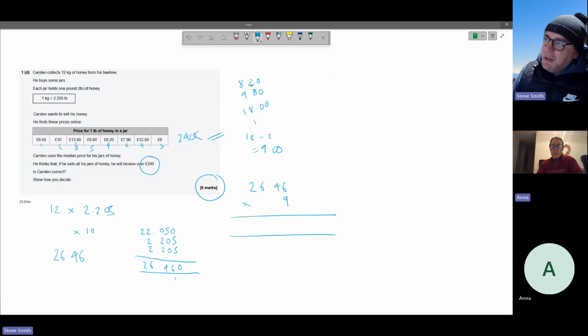If it had been £8.20, I would have probably made these numbers bigger to get rid of the decimals. Because I've only got one decimal here, we're just going to times it all by 9. So again, non-calculator, if you don't know, say for example, your 9th times table, write it somewhere, get it on a piece of paper. Once you're in the exam, write things down.